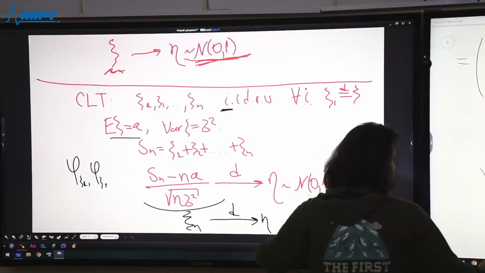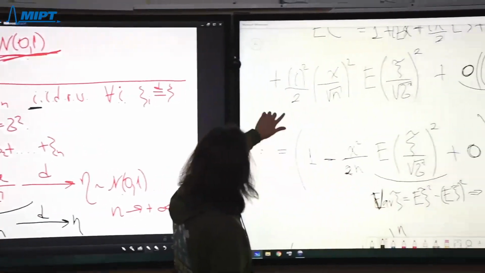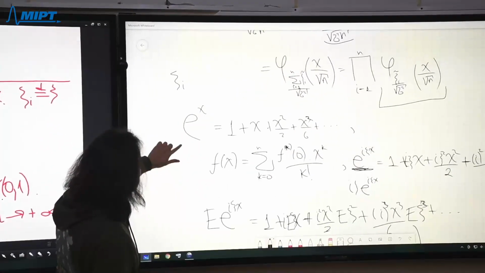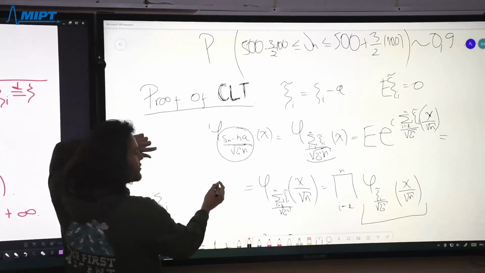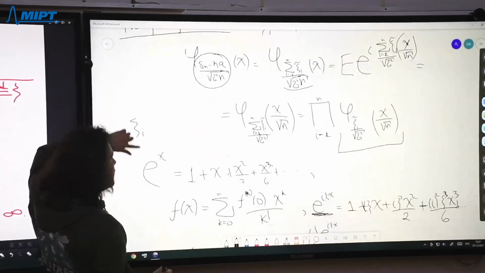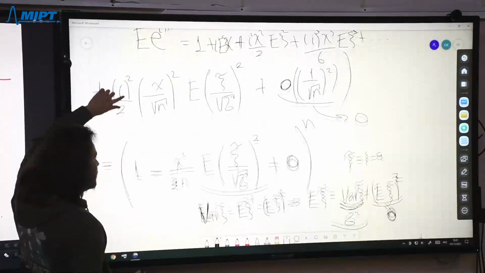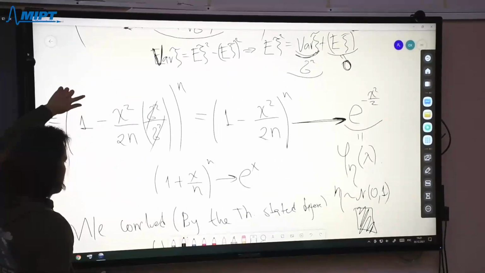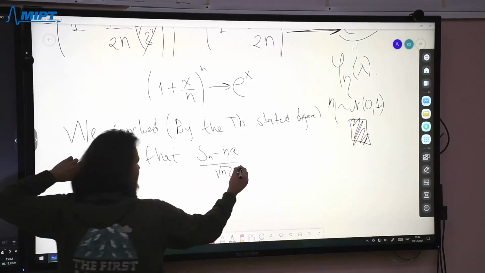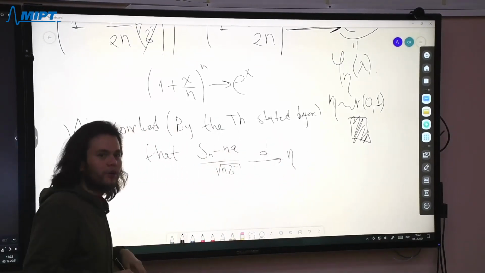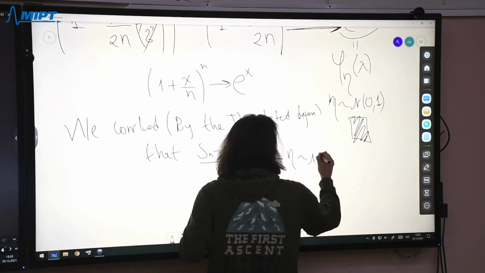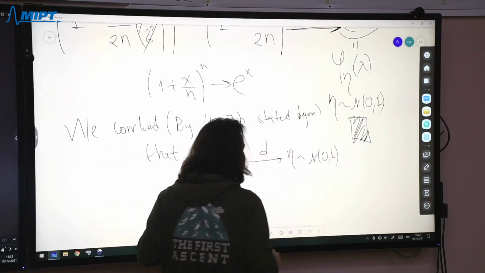That this sequence of random variables tends in distribution to some random variable eta, and eta has a normal distribution with parameters 0 and 1.